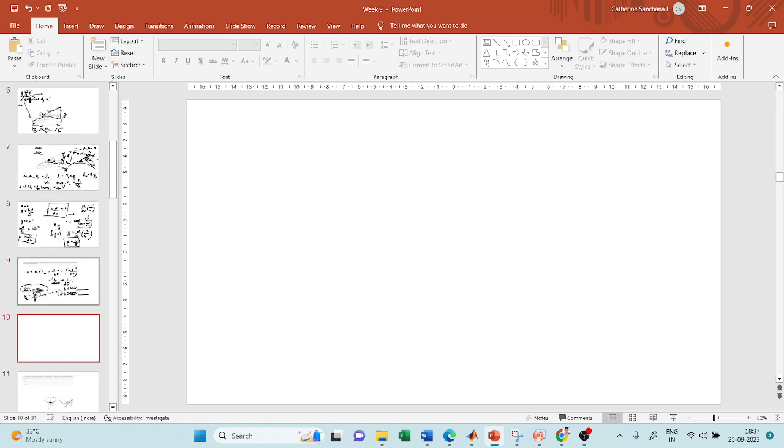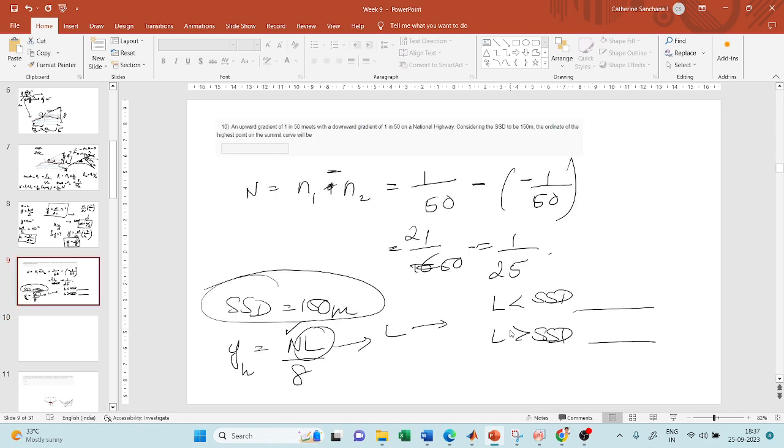Now you must have a doubt. You do not even know the length of the curve, so how can you pick the formula based on whether it is lesser or greater than SSD? You simply have to make an assumption. Just take the first formula and assume that your length of the curve is lesser than SSD and use the formula.